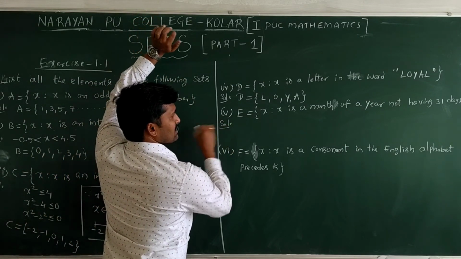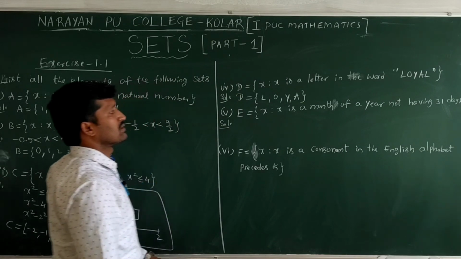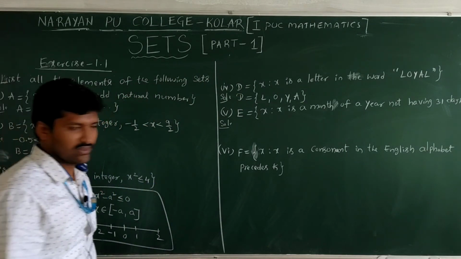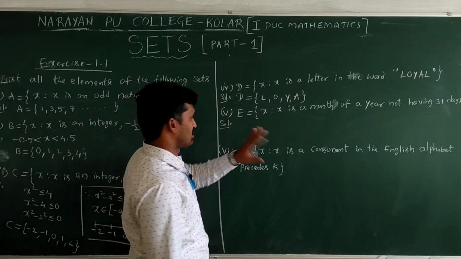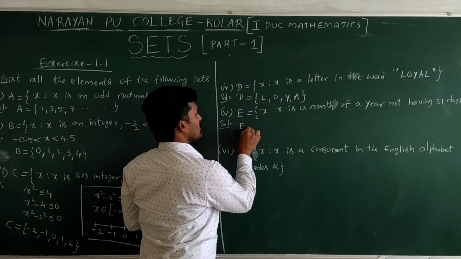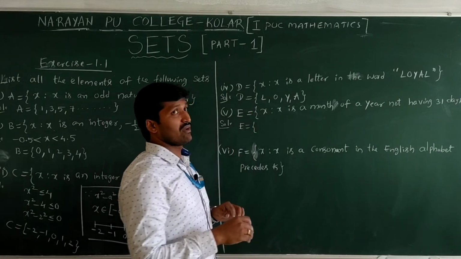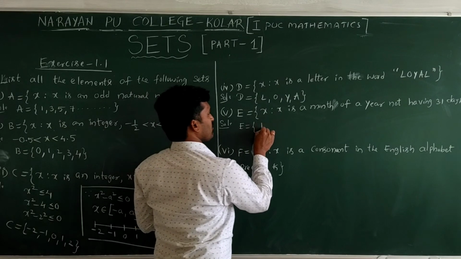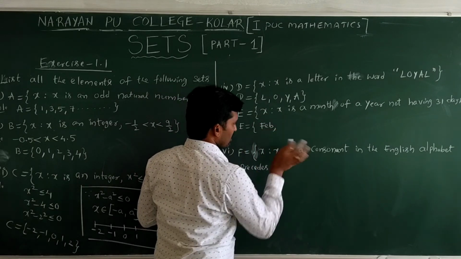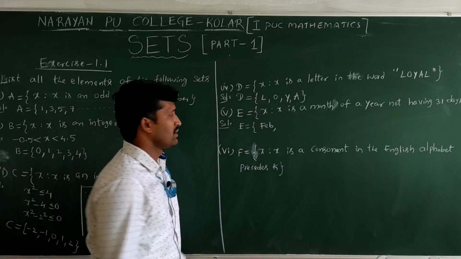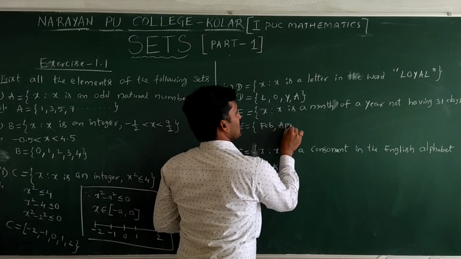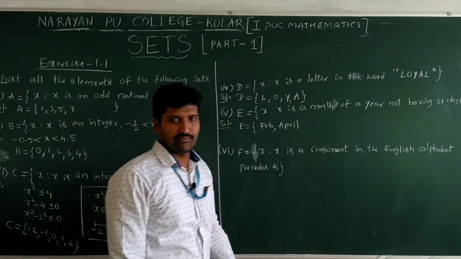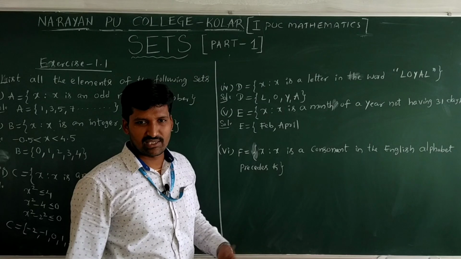x is a month of the year not having 31 days. Which month is not having 31 days? That month we need to write here. January having 31 days. February, March also having. Next April, May having 31 days.